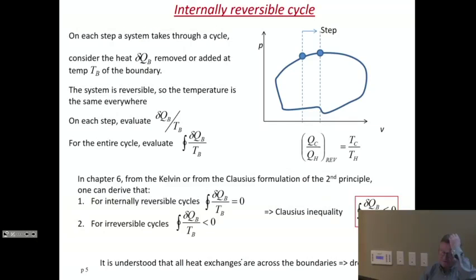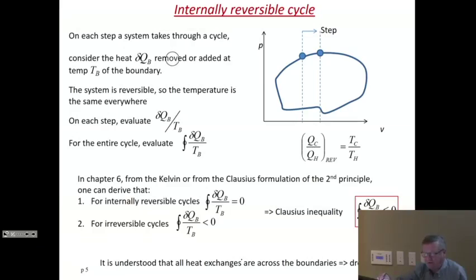Now, let's define these quantities a little bit further, and we're going to get now to the notion of entropy. So let's take one of our internally reversible cycles, which I have here, and let's take a little step through that cycle so that you change the heat by a certain amount, delta Q. You change that heat across the boundary of your system.